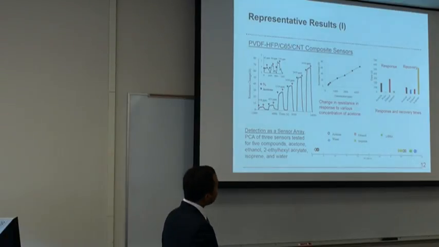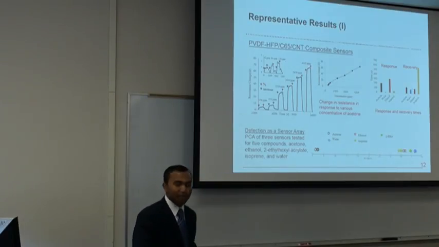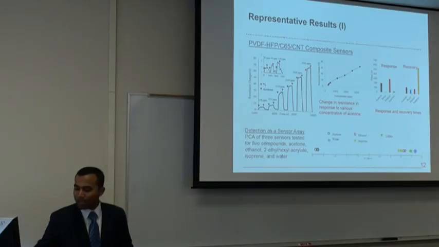But with the three sensors, when you run PCA, we could differentiate all of these compounds: acetone, water, 2-ethylhexyl acrylate, ethanol, and isoprene. These are all components of the breath.